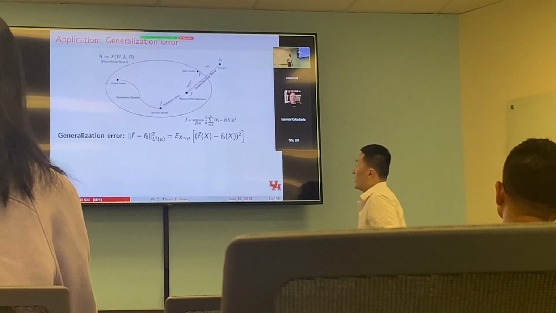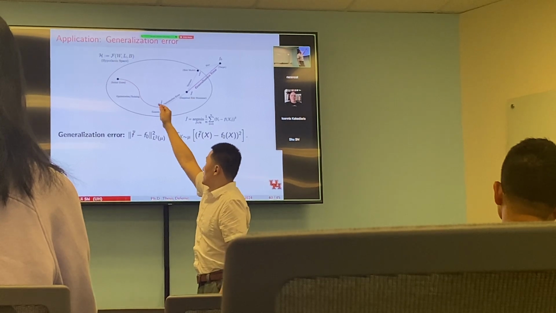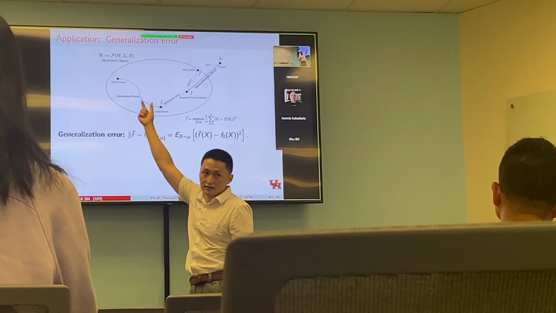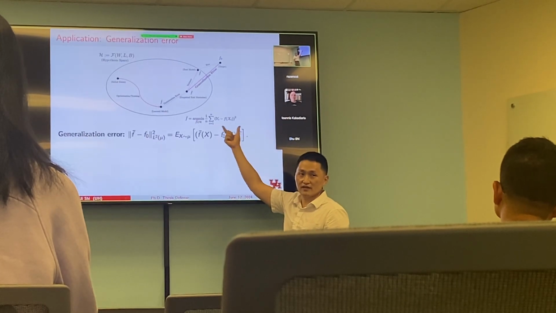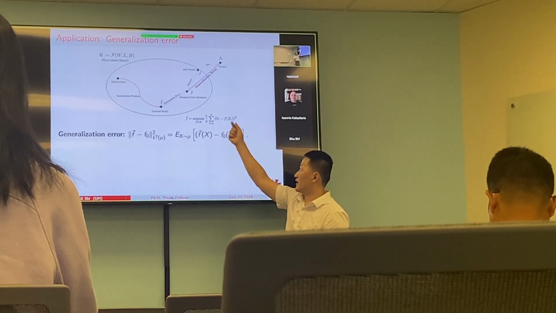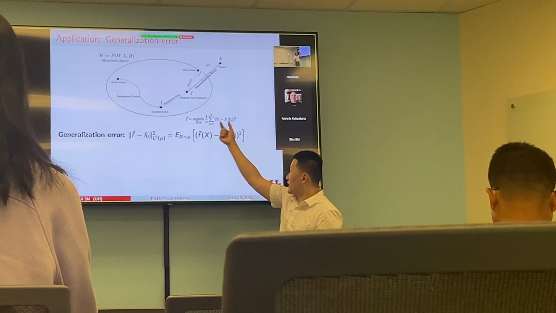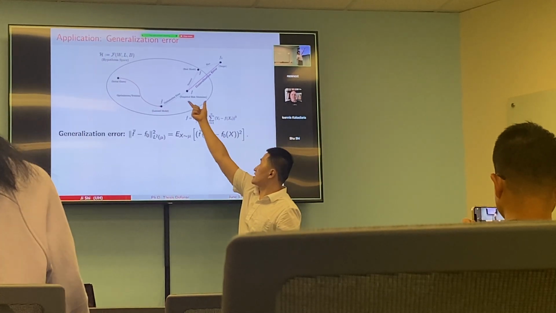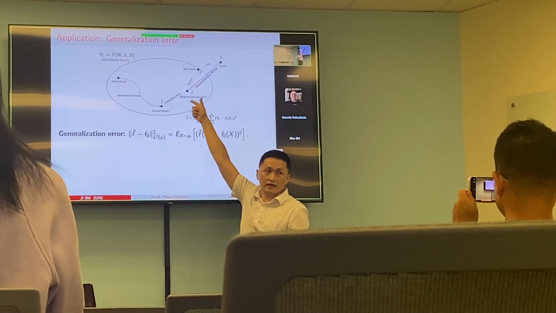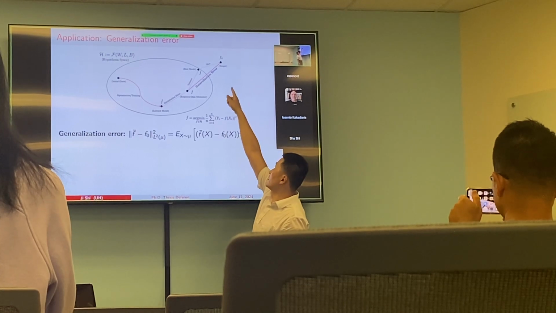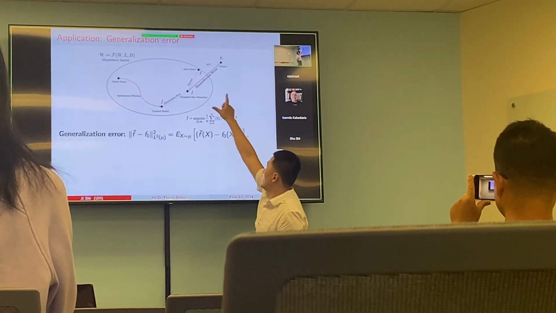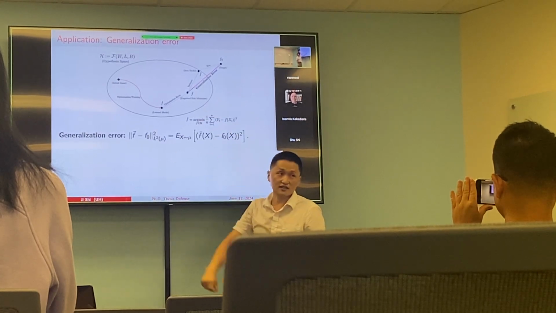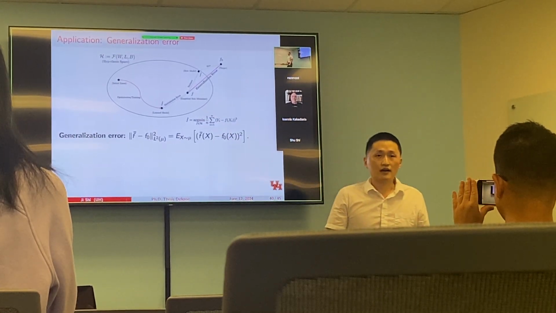In our hypothesis space, that is the neural network class, we can construct the empirical risk. We can compute the empirical risk minimizer f bar. f_0 is our target function. The distance between these two functions is the generalization error.